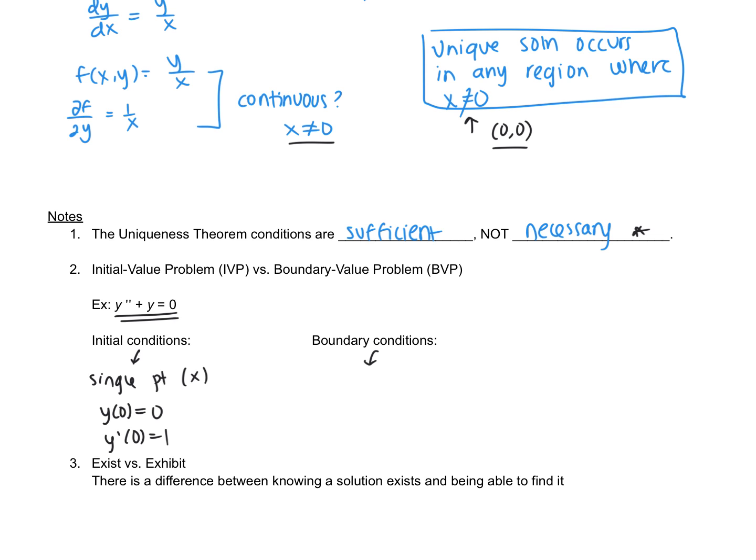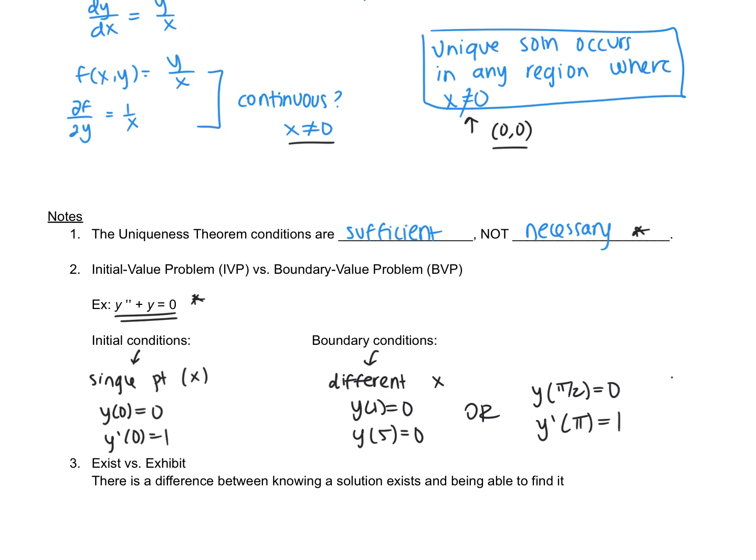If it's a boundary value problem, our conditions are at different x values. So for the same equation up here, our conditions might be something like y of 1 equals 0 and y of 5 equals 0. Or you might be given conditions like y of pi over 2 is equal to 0 and y prime of pi is equal to 1.